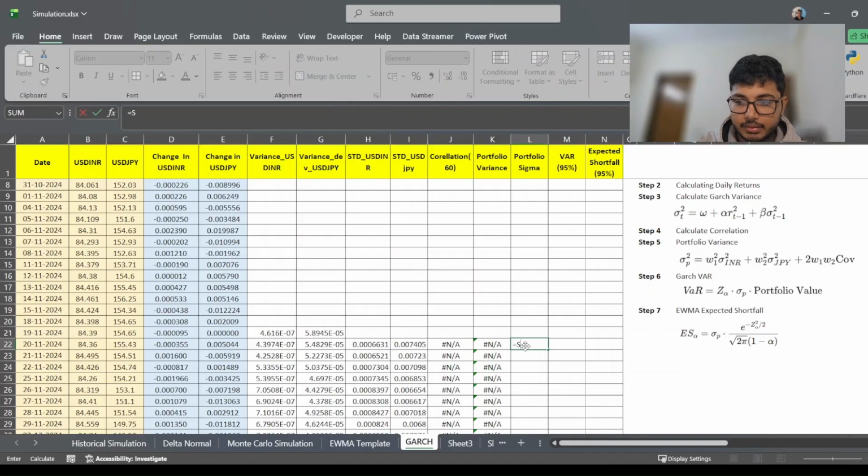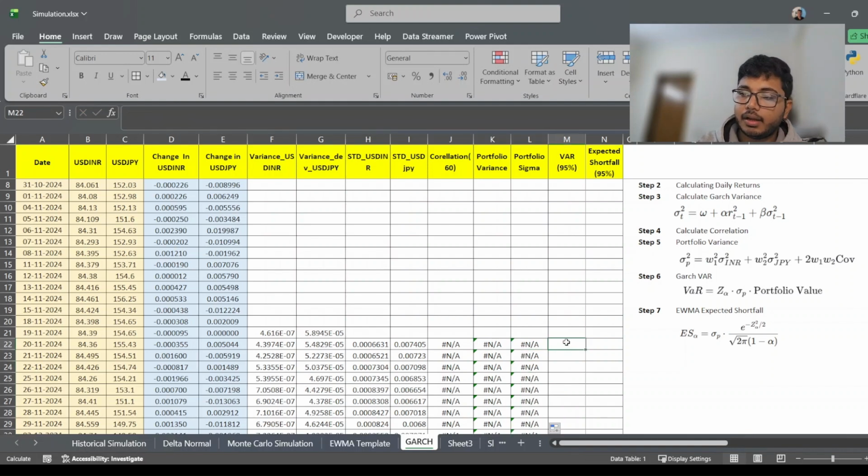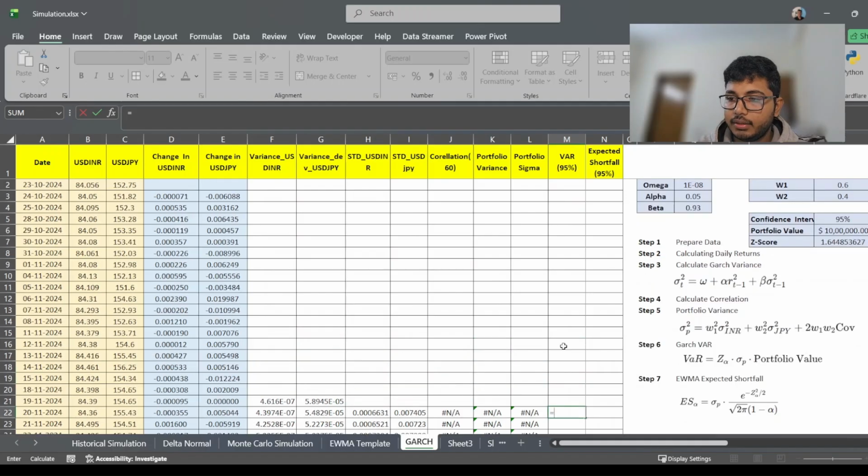Then we can calculate standard deviation here. And VAR 95% can be calculated using this formula. This similar formula we have used in EWMA as well. So we can calculate Z alpha.